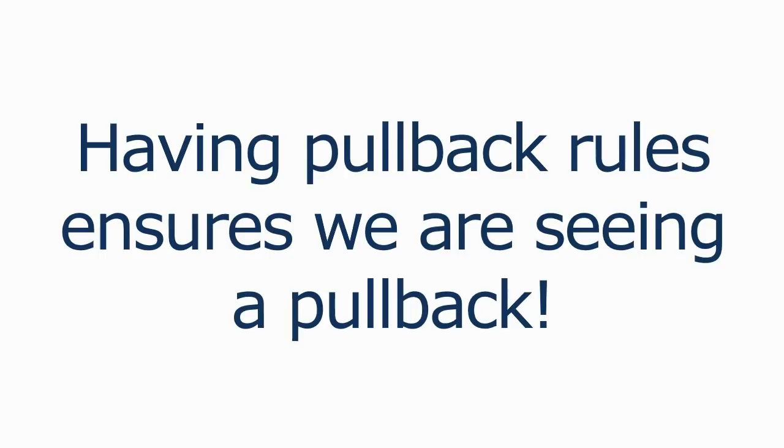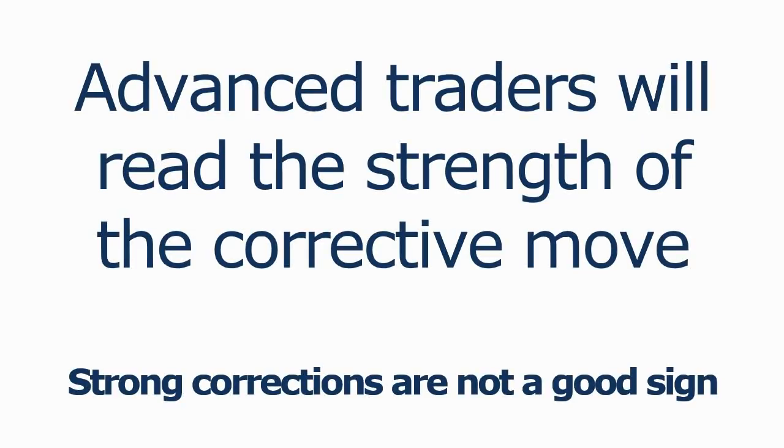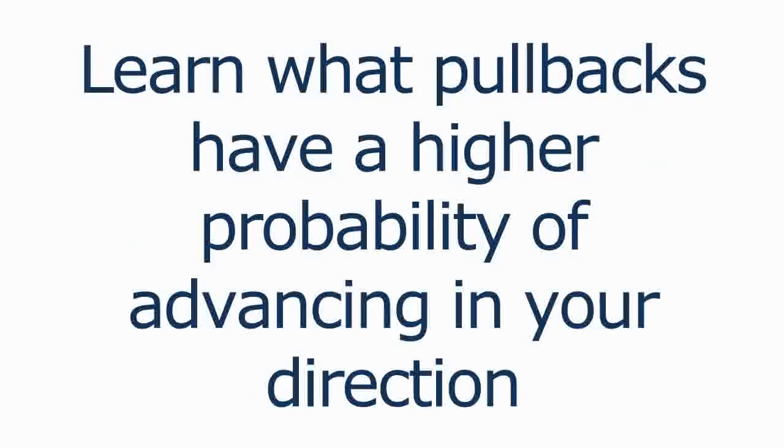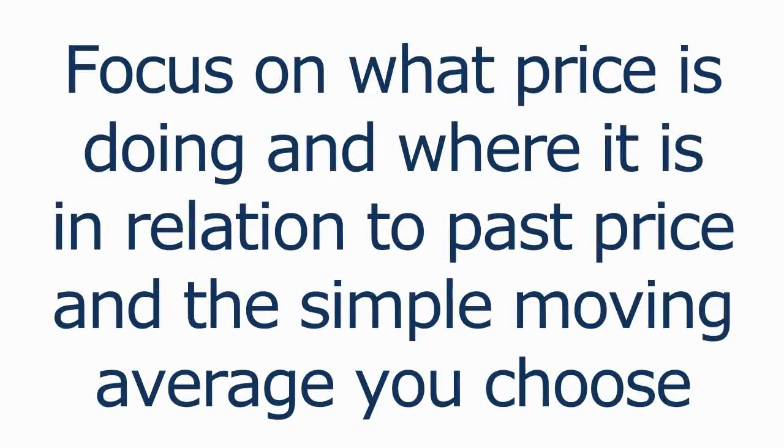Advanced traders will read the strength of the corrective move, as pullbacks that have momentum are a warning sign of potential failure. And this will add another level to your trading outcome as you're going to learn what pullbacks have a higher probability of advancing in your direction. So in the end, focus on what price is doing and where it is in relation to past price and the simple average that you choose.